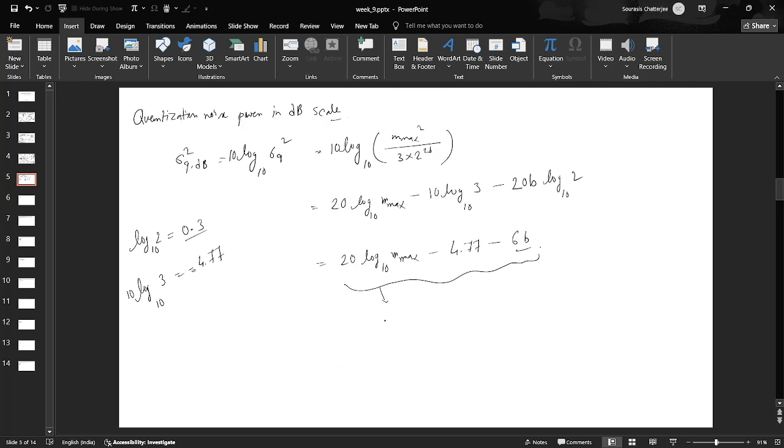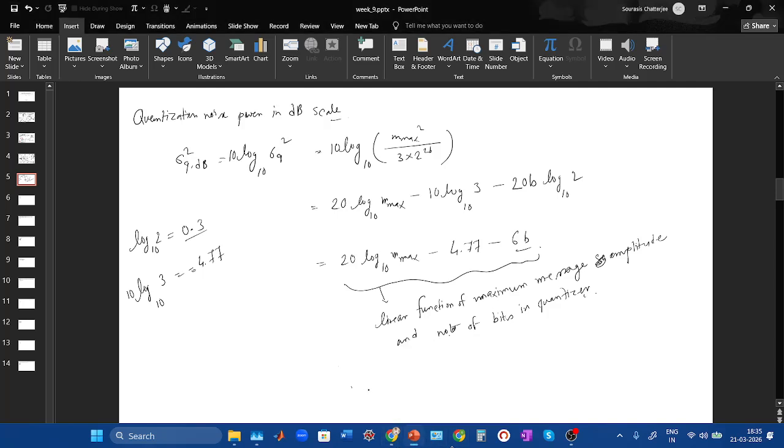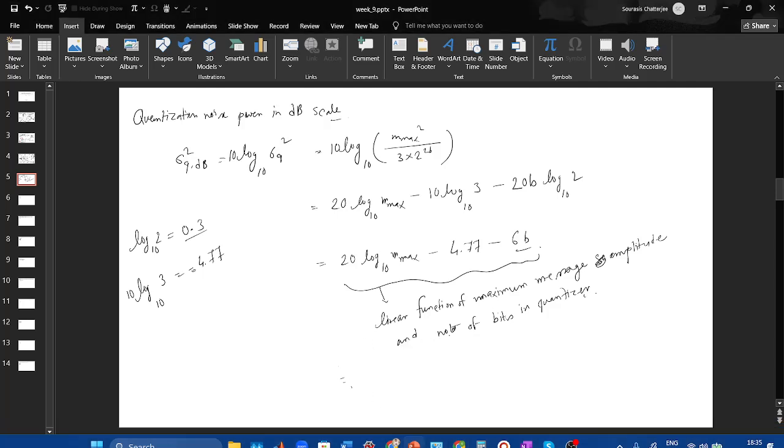So you can see here, it is a linear function of maximum message amplitude and number of bits in the quantizer. So now we need to put in the values.